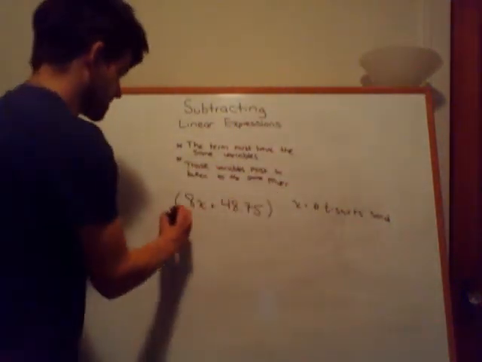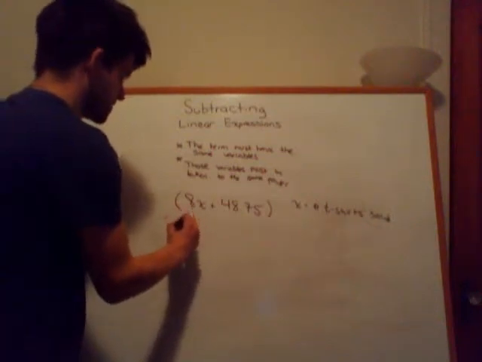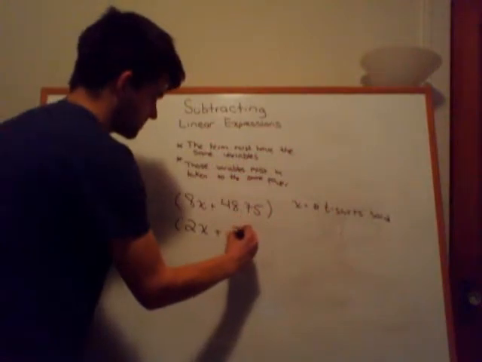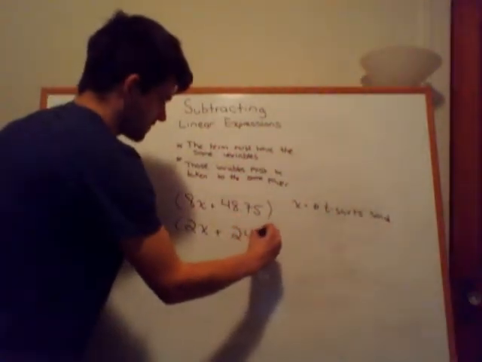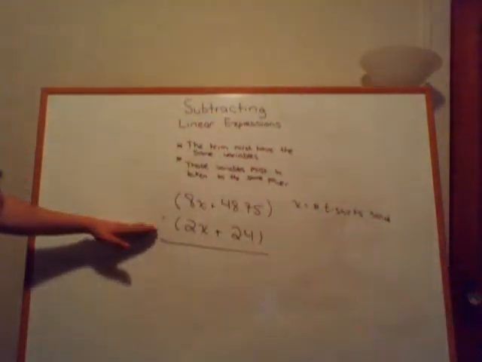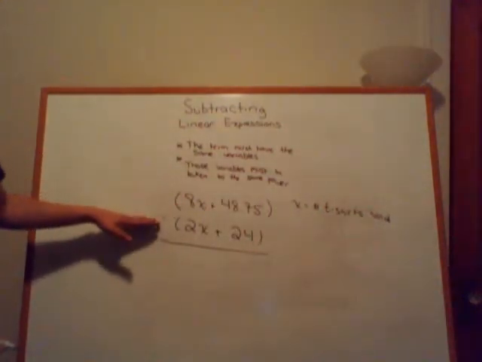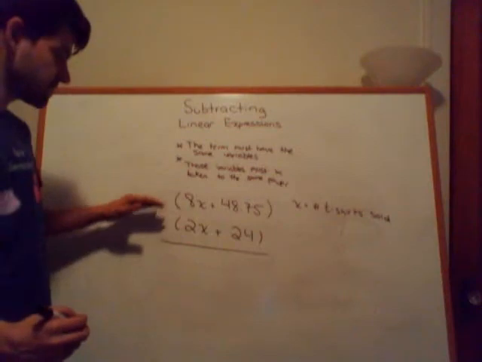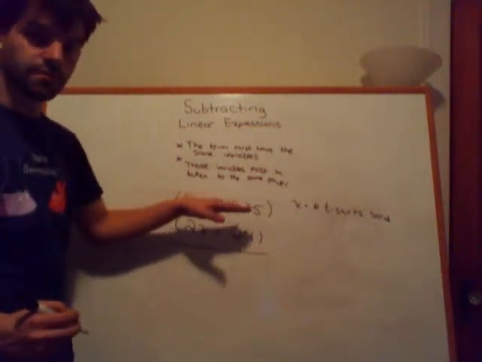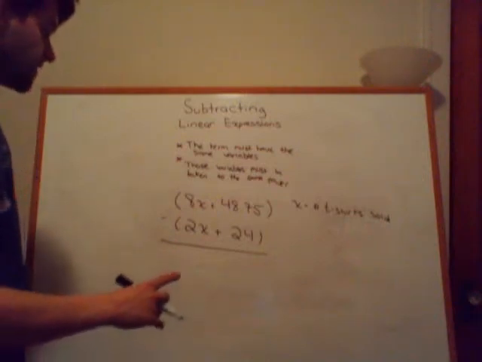So what we're going to do is subtract 2x plus 24. Now I can still represent this as a difference. It just has a little bit different form, but it still shows that I'm taking away 2x plus 24 from the total.